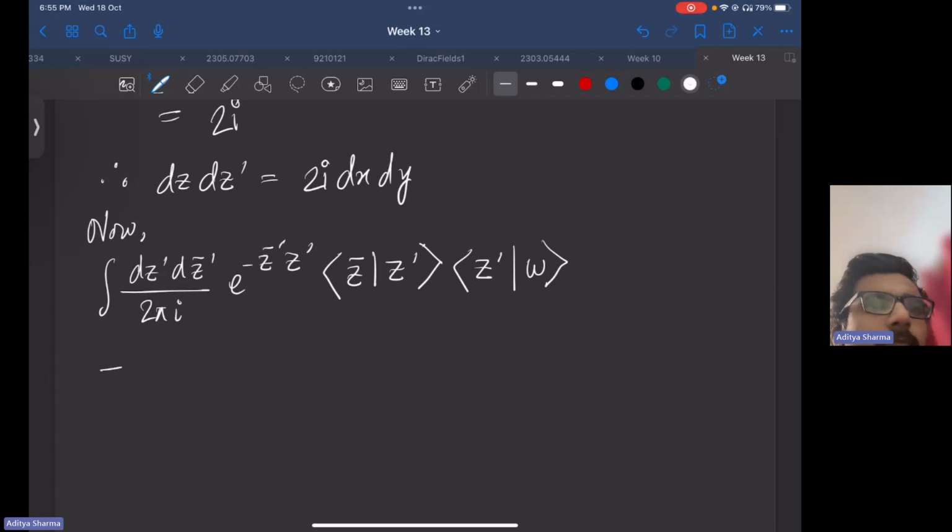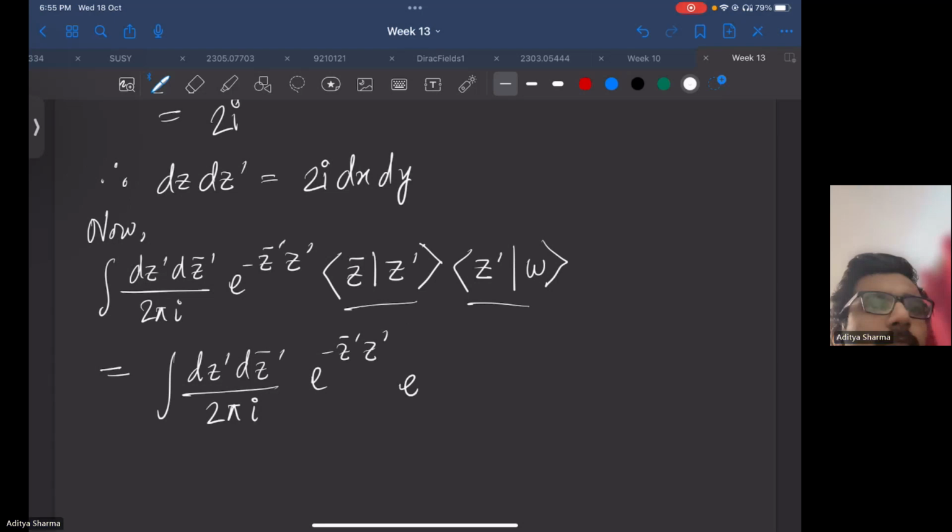So I'm just putting this, and I just want to compute this quantity and to see what it gives. It is equal to e power minus. Now we know this. It is just e power z prime z bar, e power omega z prime. Okay.